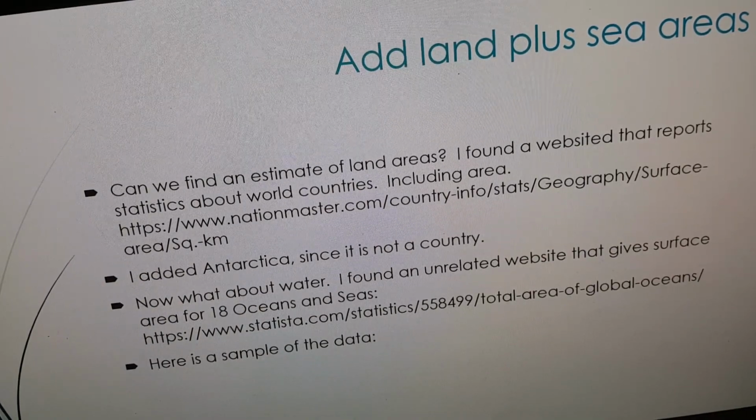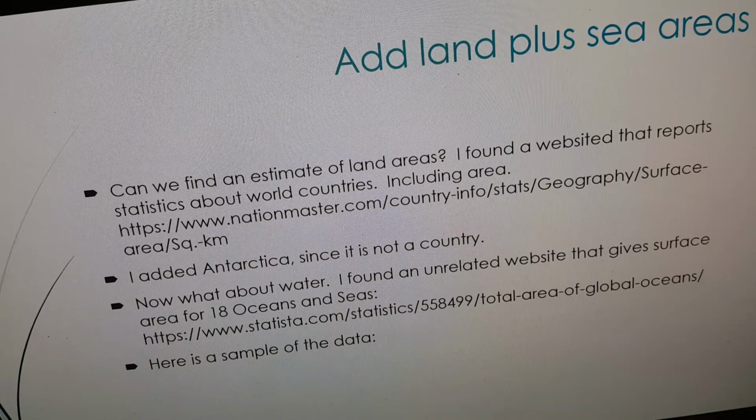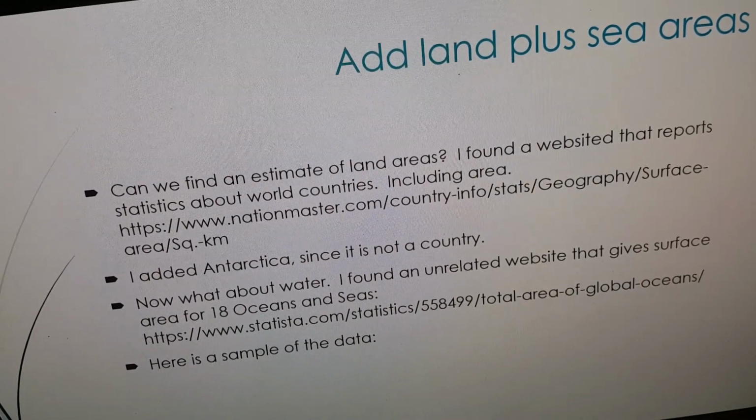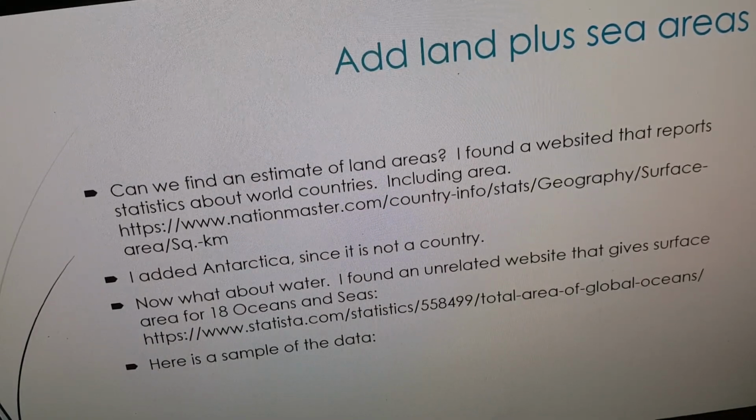the first thing I looked for was an estimate of land area, and I found this website that reports statistics about world countries, and it just happens to include surface area. And here is the website in case you want to go look it up.